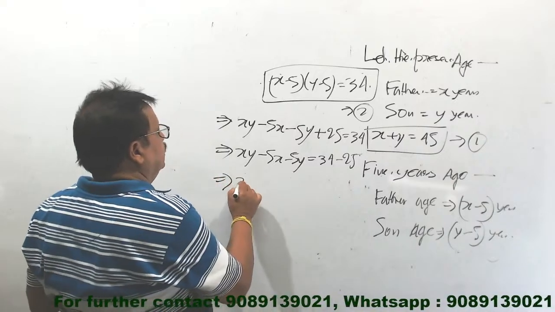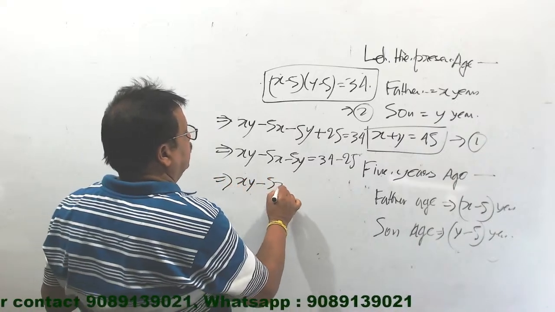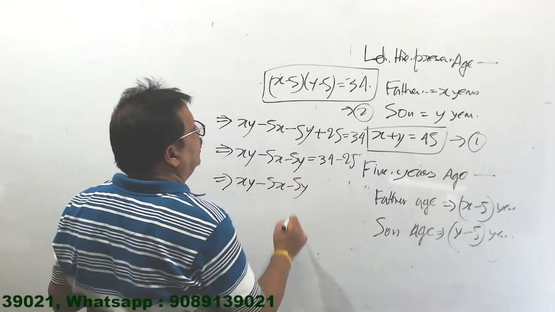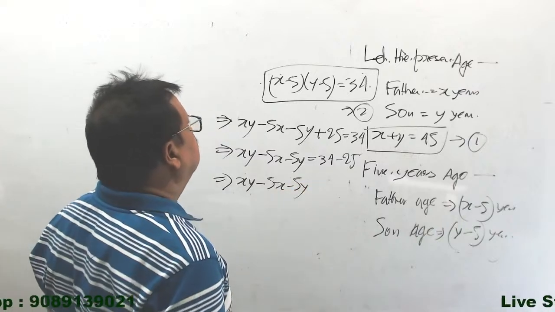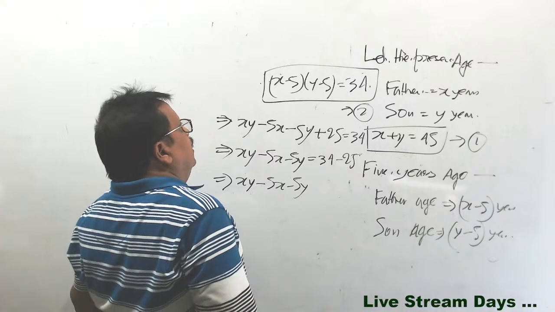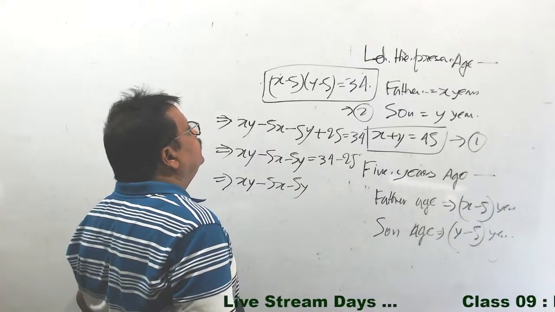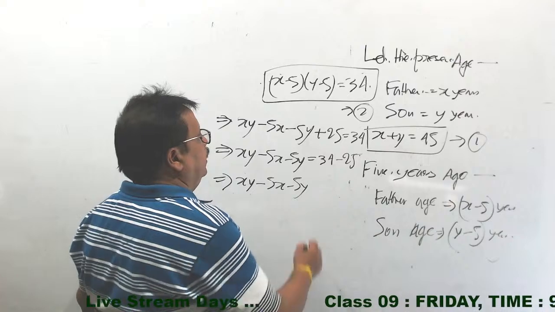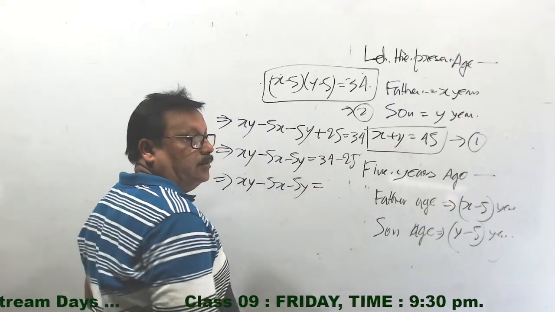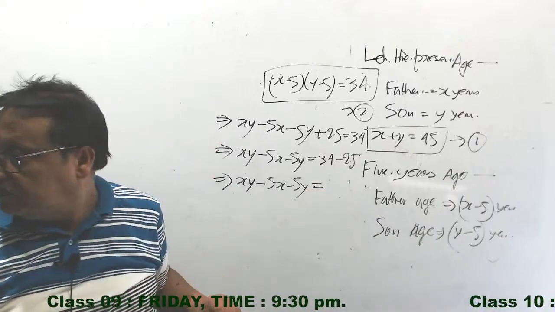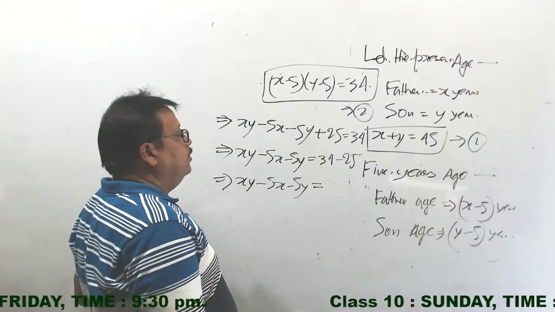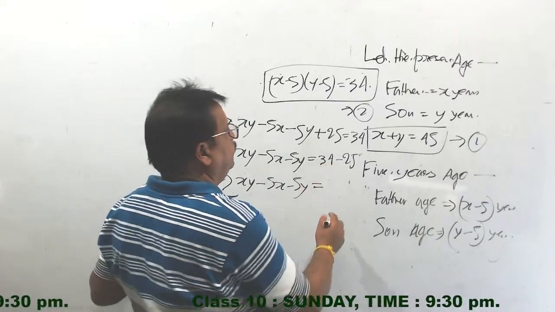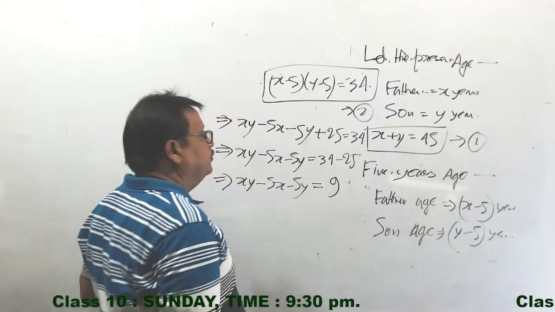This implies xy minus 5x minus 5y is equal to 9, right?